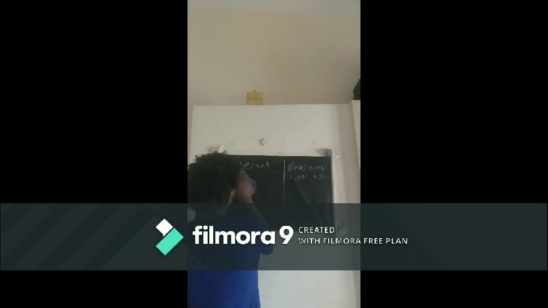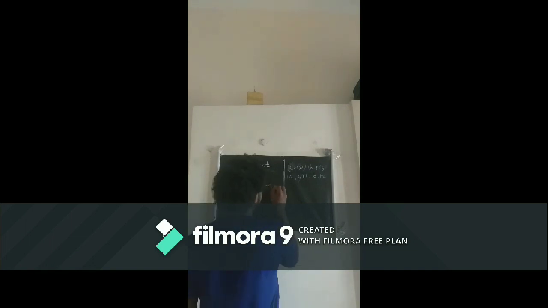To get this point, f of x minus f of a is equal to f of a minus f of b into x minus a over b minus a.